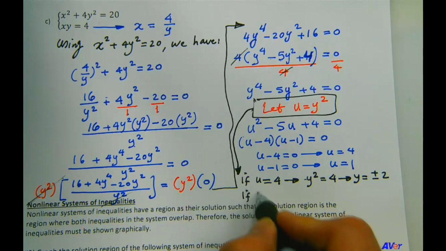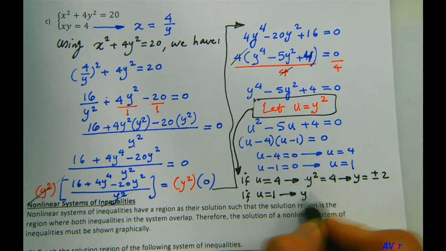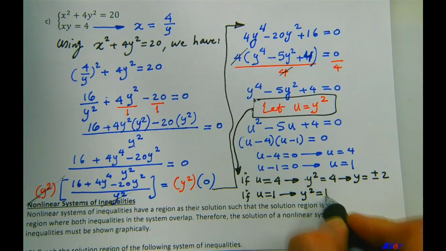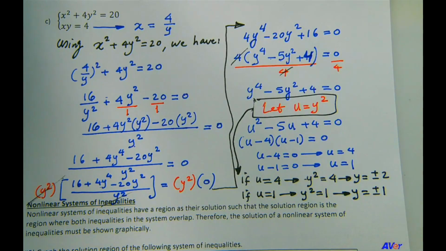If U equals 1, then y squared equals 1, then y equals plus or minus 1. Okay? So we found the 4 values of y, plus or minus 1, plus or minus 2. So now we need to find the values of x.